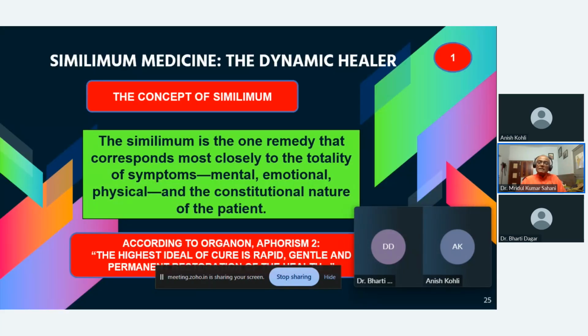Then the concept of the simillimum. The simillimum is the one remedy that corresponds most closely to the totality of the symptoms: mental, emotional, physical, and the constitutional nature of the patient. The highest ideal of cure is rapid and gentle, and this ideal can be achieved only when we have understood the relationship of the medicines with the mental, emotional, complete portrait of the patient.